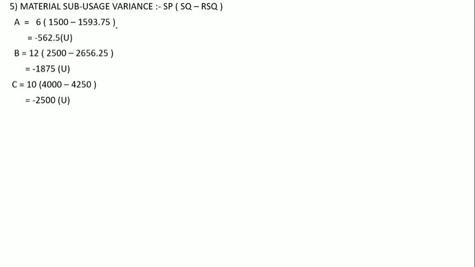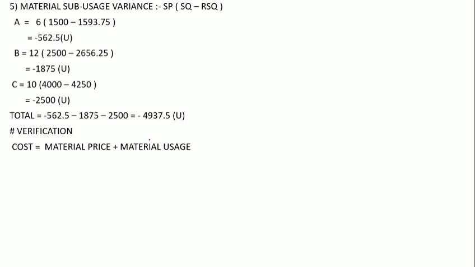Now again make the total of these three: minus 562.5 minus 1875 minus 2500. So you will get minus 937.5 as the final answer. Now after this, do a verification step.